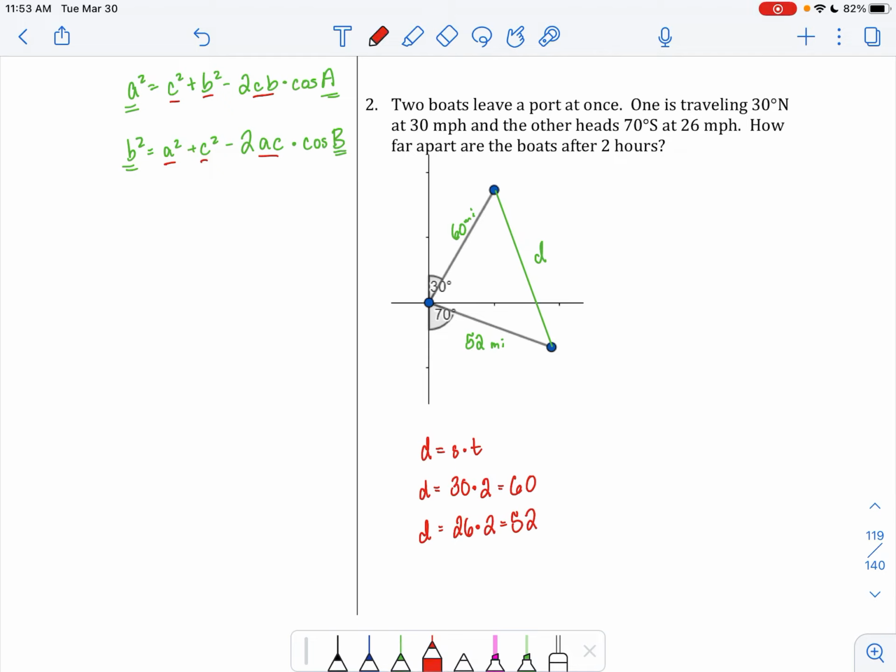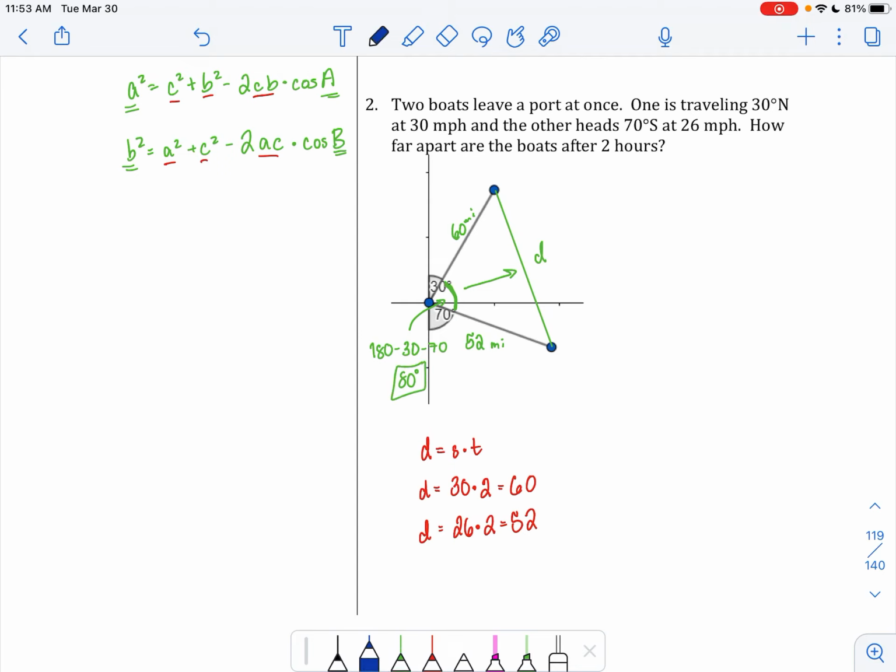So we see that we've created our triangle, and we have to know the angle here in order to use the law of cosines and find that distance. So that angle is going to be similar to what we did with law of sines. This is 180 minus 30 minus 70. So that angle is equal to 80 degrees.